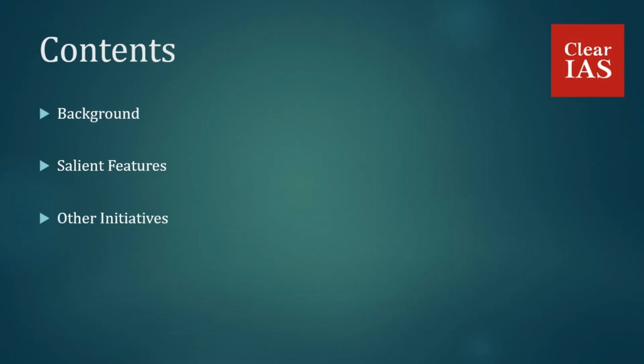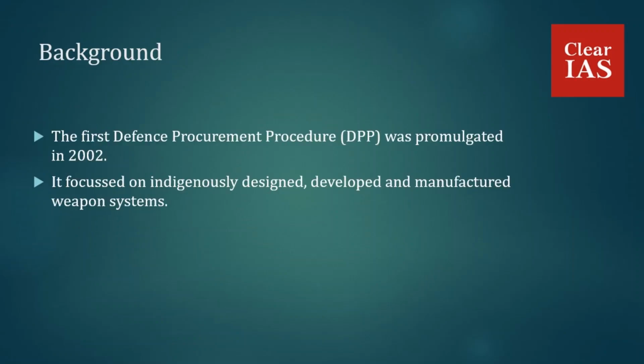Let's now start. The Defense Acquisition Procedure contains policies and procedures for procurement and acquisition from the capital budget of the Ministry of Defense in order to modernize the armed forces, including the Coast Guard. The background of this is that the first Defense Procurement Procedure (DPP) was promulgated in 2002.